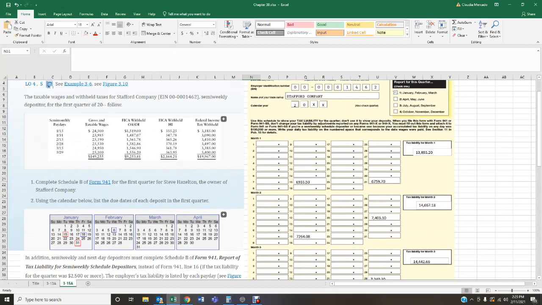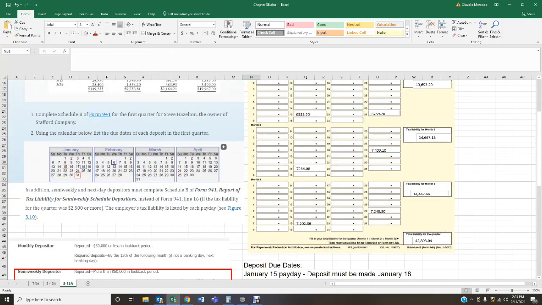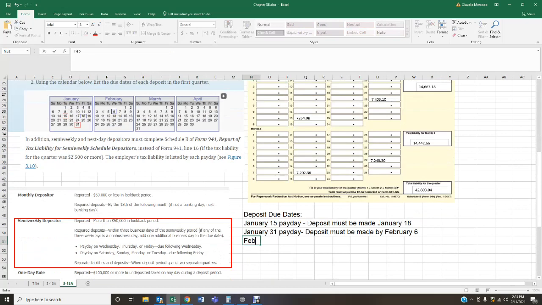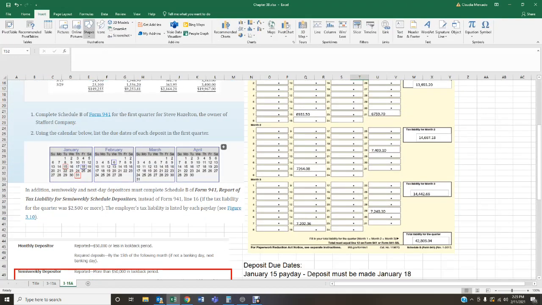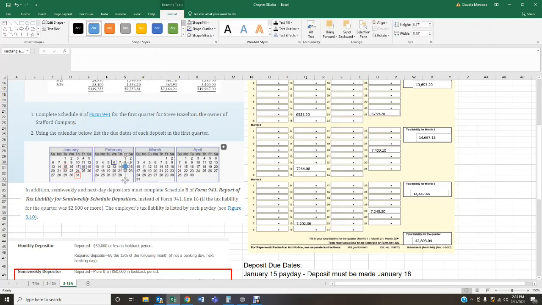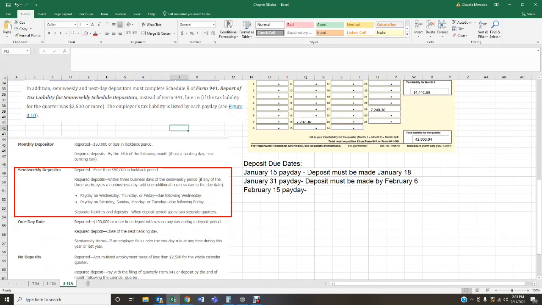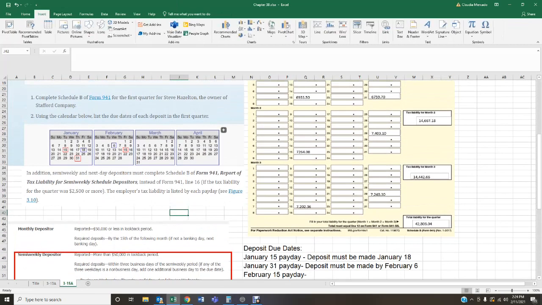Okay. Now let's look at the February 15th payday. Let's mark February the 15th. February the 15th fell on a Friday. So if it falls on a Friday, it is due the following Wednesday. The following Wednesday would be the 20th.